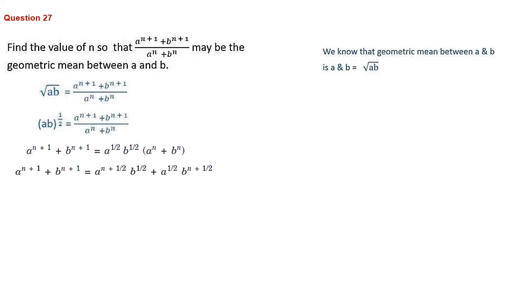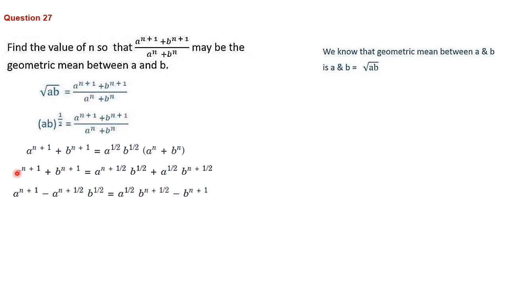What we are doing is just removing the bracket. Removing the bracket means for the same base, we have to add the powers, 1 by 2 plus n, into b power 1 by 2. And this quantity into the second quantity: here b only is there, b power 1 by 2 into b power n. So their powers we have to add, n plus 1 by 2, into a power 1 by 2.